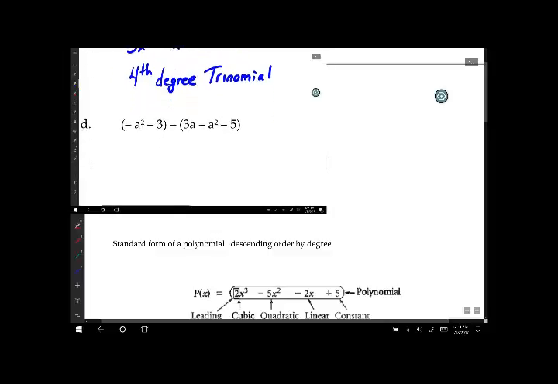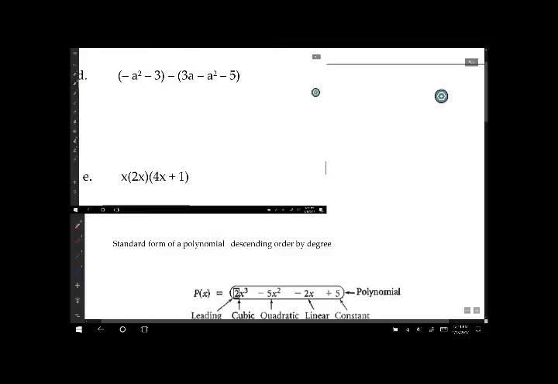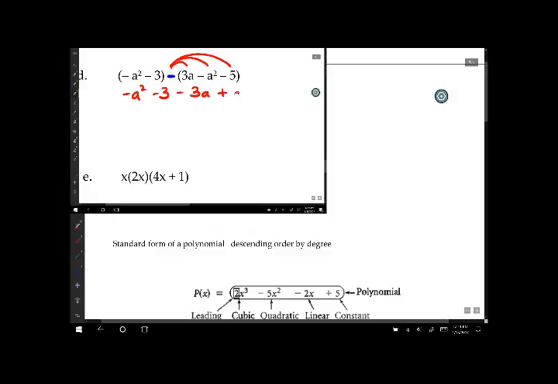All right. D. The most important part in D is understanding this minus sign in the middle is going to have a huge impact that we distribute it to each of the 3 parts in the back end. So on your homework, I would suggest that you rewrite the problem and distribute that minus sign. The important thing is it becomes a plus a squared and a plus 5.